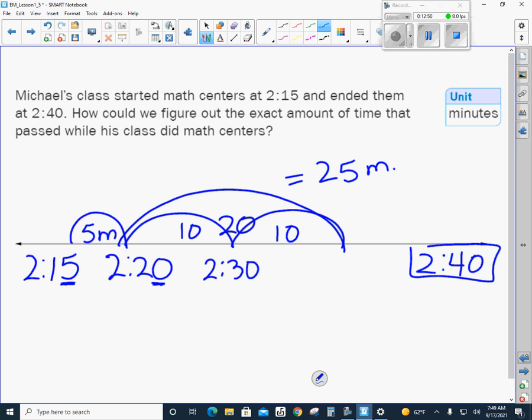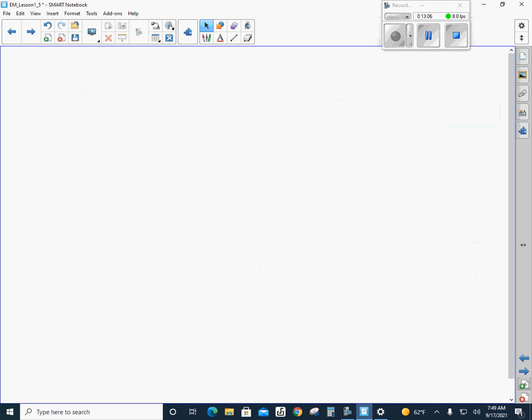All right, so that is just a little quick introduction to elapsed time. We're going to be working on elapsed time a lot more through the next couple of days and really throughout the year. And so I encourage you, go ahead and come up with some things to figure out with elapsed time.